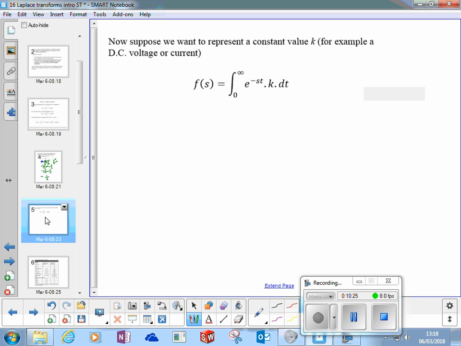So we're saying that the Laplace transform of K is the integral between 0 and infinity of e to the minus st times K dt. What we can do here is apply a constant multiplier.